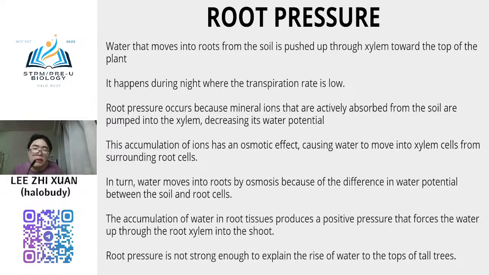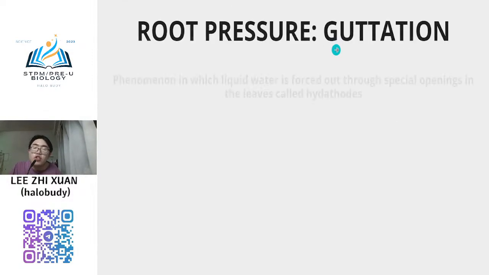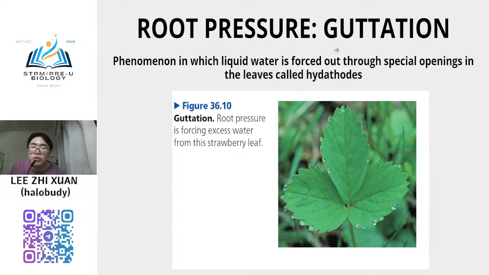You know that they are very tall, right? Using root pressure to pump the water up into the leaf is practically impossible, because we have gravitation. If there were no gravitation, that would be possible, but on Earth the water molecules are not easily pushed out from the root into the shoot. So this is overcome by the cohesion-tension theory and also the transpiration pull.